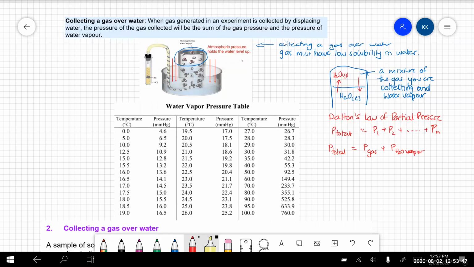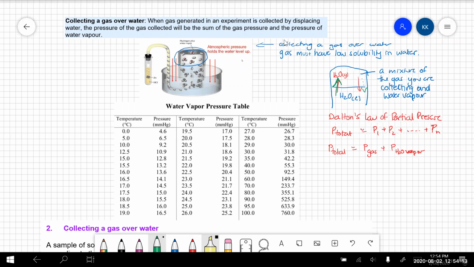Now, this equilibrium situation where the liquid water is turning into water vapor and some water vapor is turning back into liquid water, the higher the temperature of the water, the more likely it is for evaporation to be occurring, and the less likely it is for condensation to be occurring.